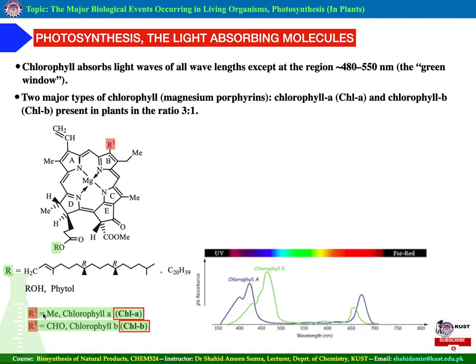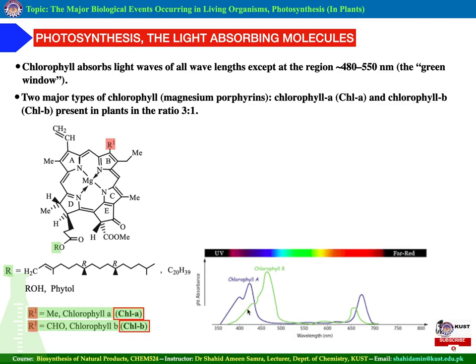For example, if R1 is a methyl group, then this is chlorophyll A. And the chlorophyll A UV spectrum is given here. If this R1 is CHO, that is an aldehyde group, then this is known as chlorophyll B. And because the aldehyde group results in elongation of conjugation, the absorption will be shifted towards red light, towards the higher wavelength.